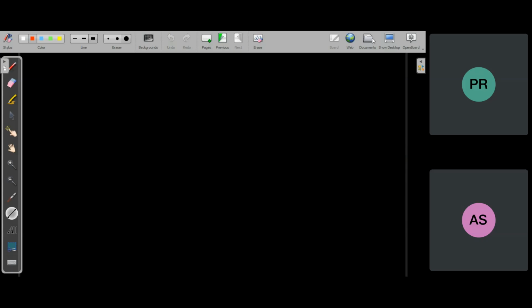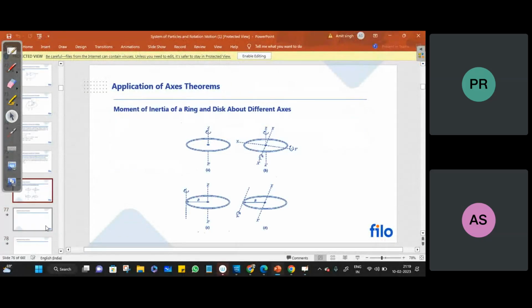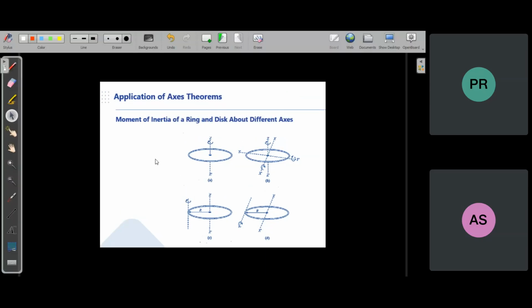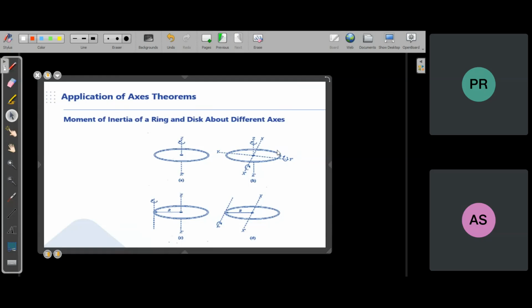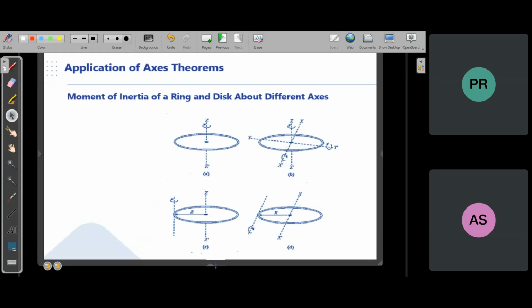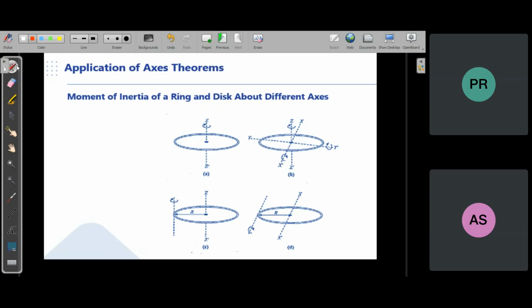Okay. So if it is clear, then you can try to find the moment of inertia of the ring and the disk about different axes. So let's take that this is a ring.